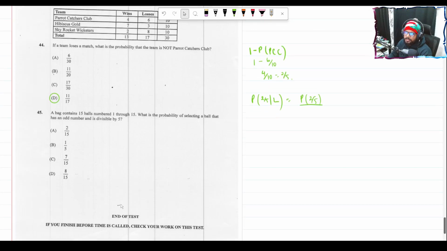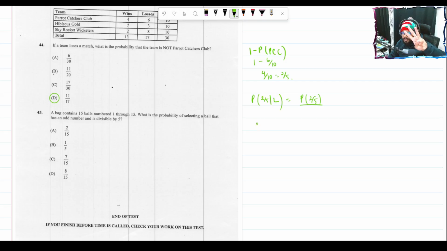A bag contains 15 balls numbered 1 through 15. What's the probability of selecting a ball that has an odd number and is divisible by 5? So it's multiply. The probability that we have an odd number on the ball: getting an odd number will be 1, 3, 5, 7, 9, 11, 13, and 15.